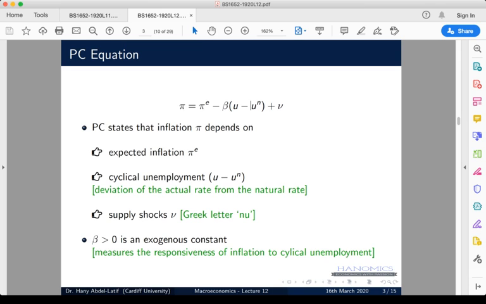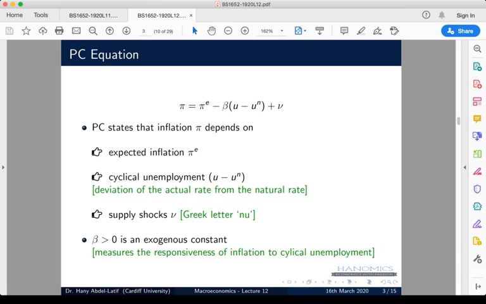Okay, so this is very important. That gap could be positive or negative. It could be smaller, or it could be 0 if the actual unemployment rate equals the natural rate of unemployment.